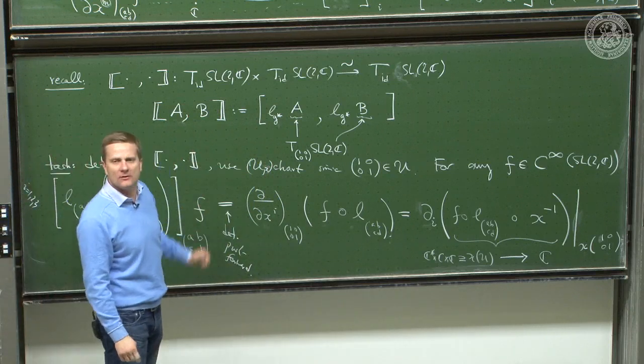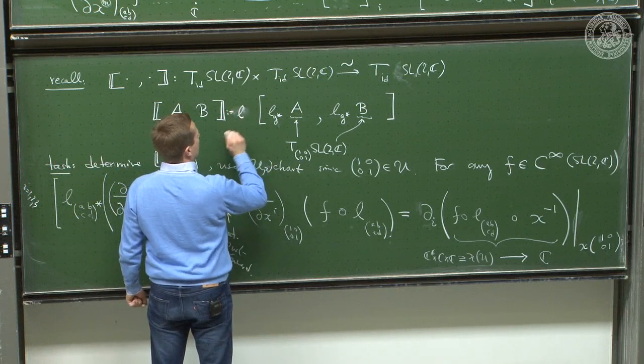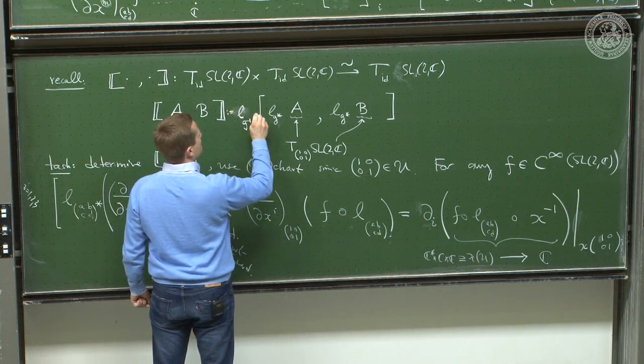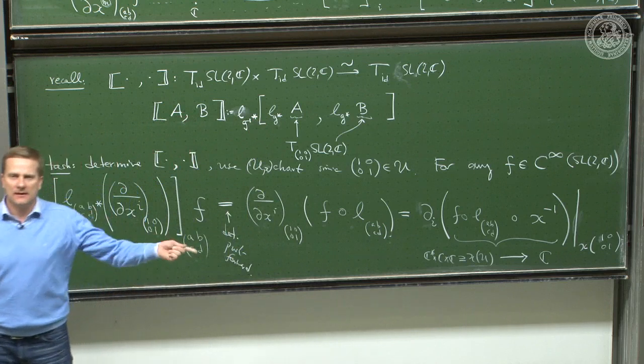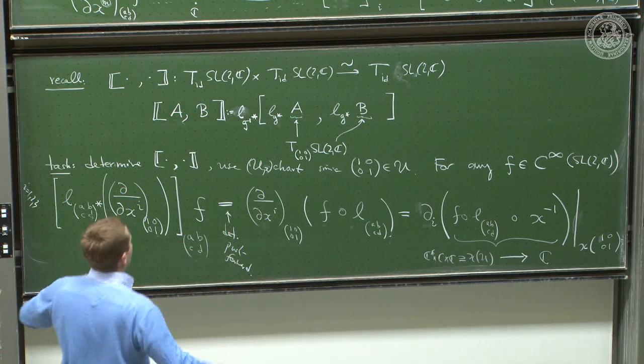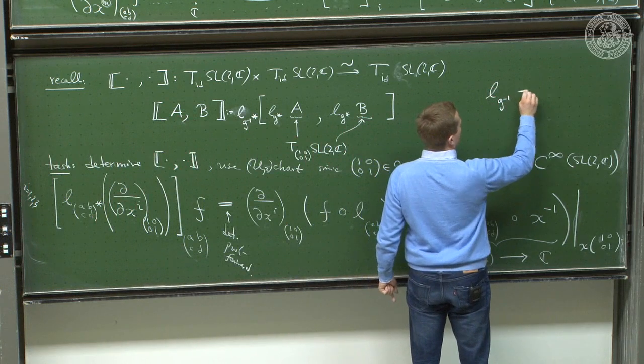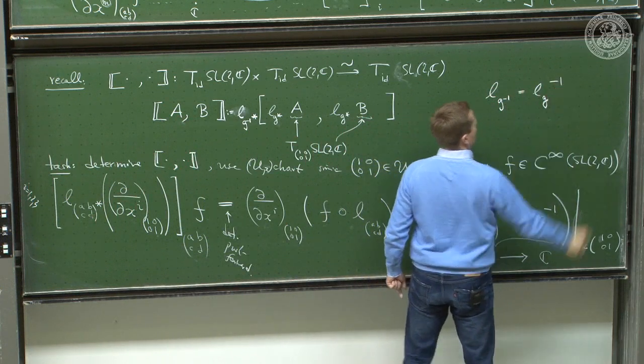I need to go backwards again. But that's also not a problem. That's just L_(g inverse) push forward. I push it in the opposite direction again. And of course, the left translation has an inverse. That's obvious. You can check that L_(g inverse) is the inverse of the left translation.